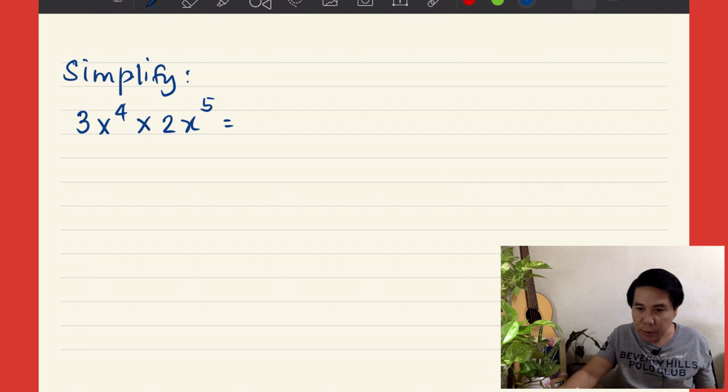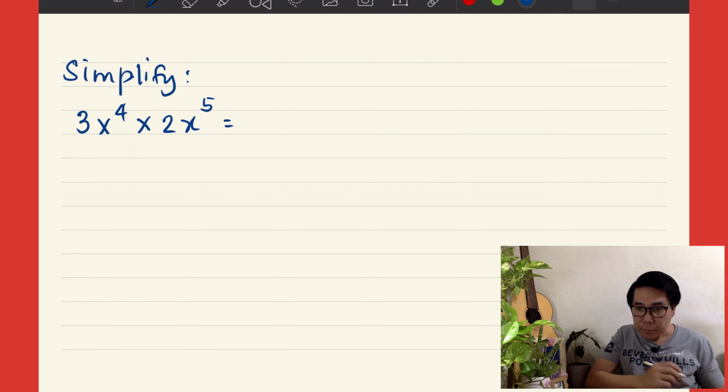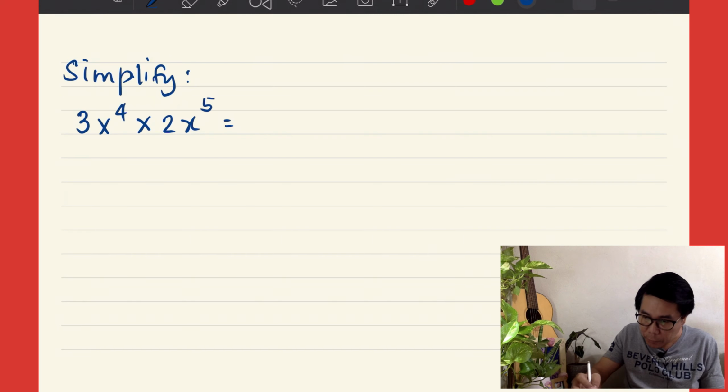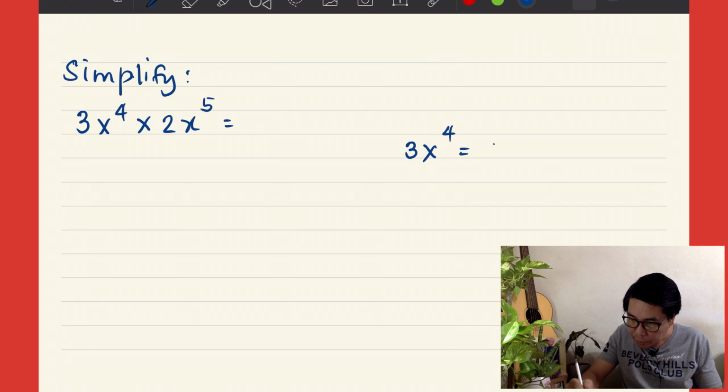So what do we do? We can see that there is a coefficient, so let us split its terms. 3x to the 4th means 3 times x to the 4th.